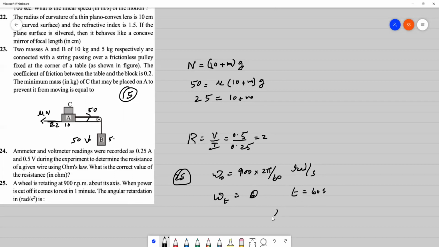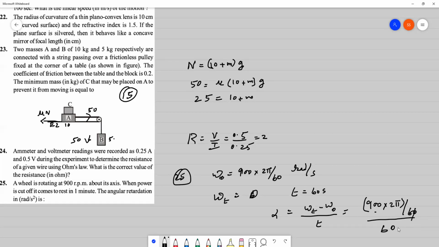They are asking you what is alpha. Alpha should be equal to omega t minus omega naught divided by time. Omega t is 0, so this should be 900 into 2 pi divided by 60, divided by time, which is again 1 minute, 60 seconds.